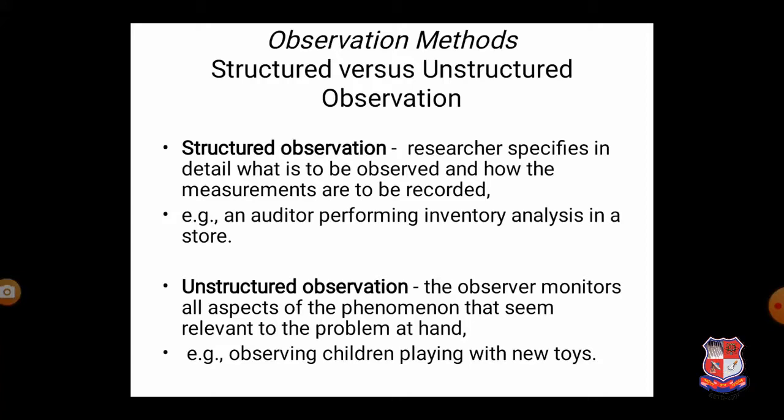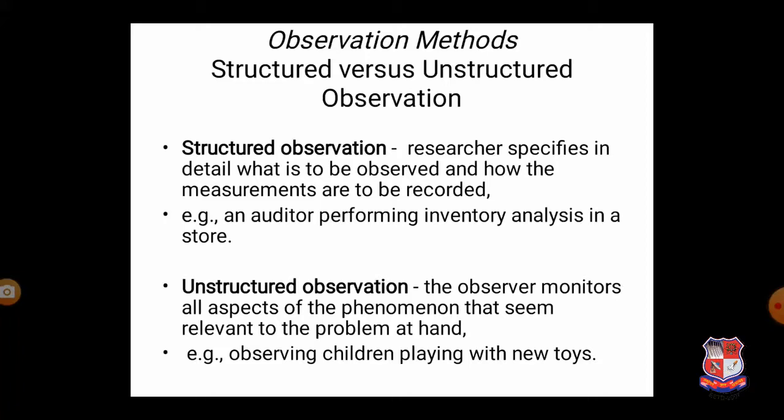If we talk about unstructured observation, the researcher does not know what exactly they need to observe. Examples of unstructured observation are the behavior of a tiger, the behavior of any animal, or observing a child playing with new toys.